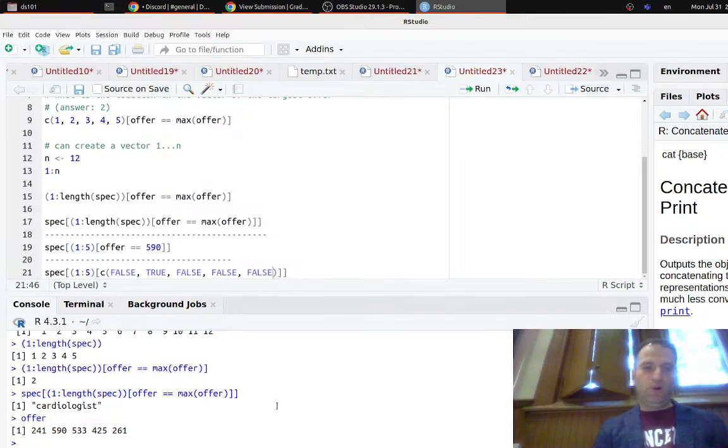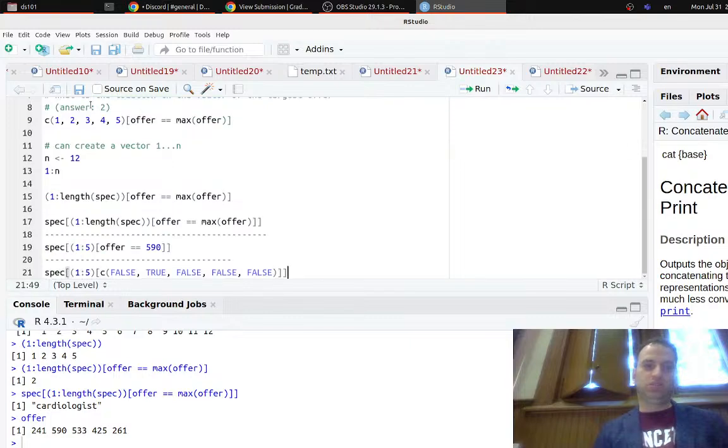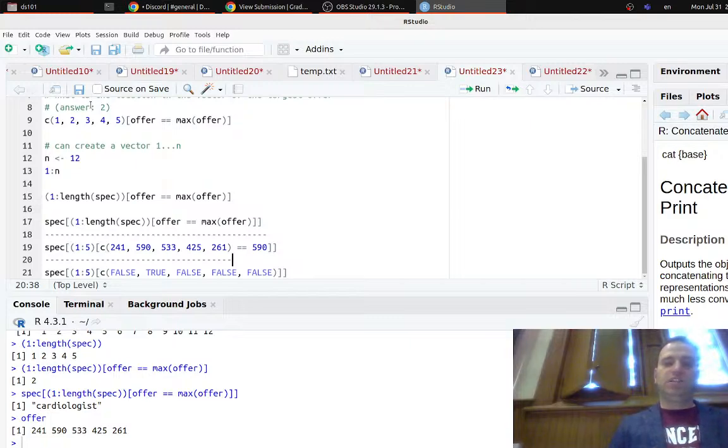Just because, well, actually I should have substituted offer here as well. So the offer here would be this. And then, so let's really do it step by step. So I'm missing one step here. Hopefully ChatGPT would know.